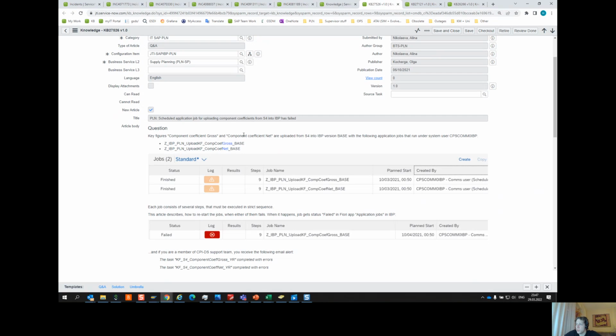So there is a job in CPIDS, of course, which should synchronize the data of some key figures, some master data in SAP, which is updated and transferred to IBP as key figures, but the job fails for some reason.